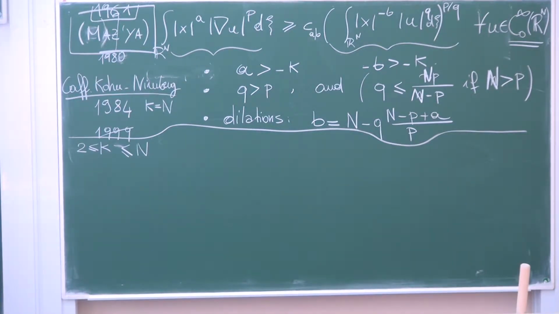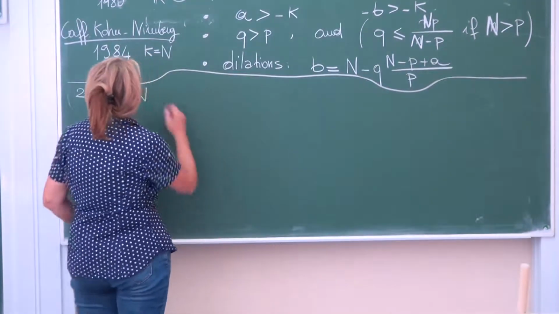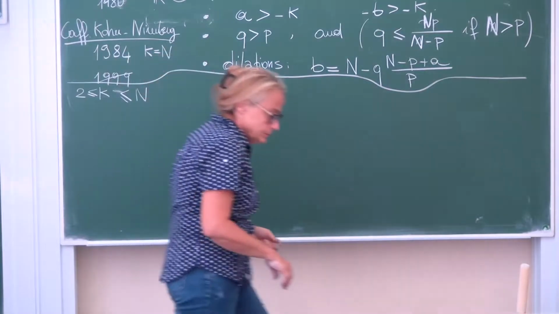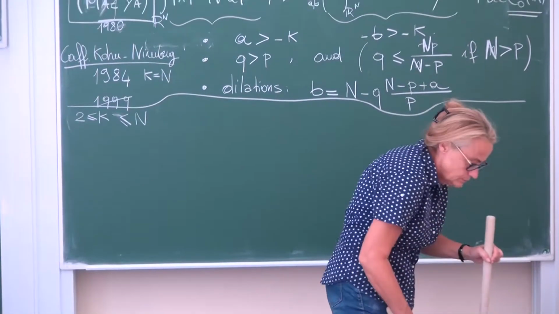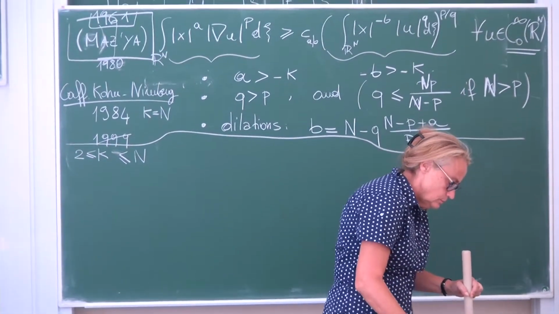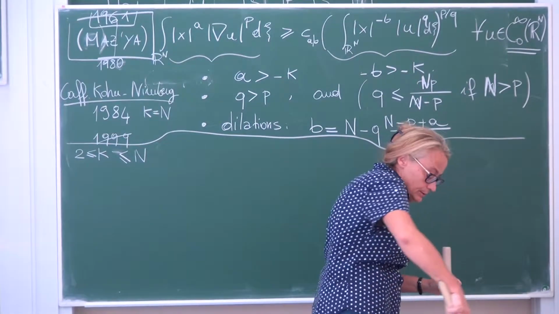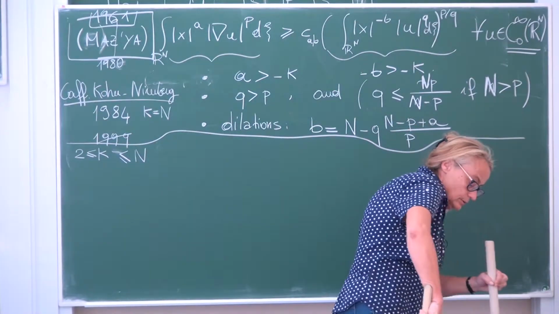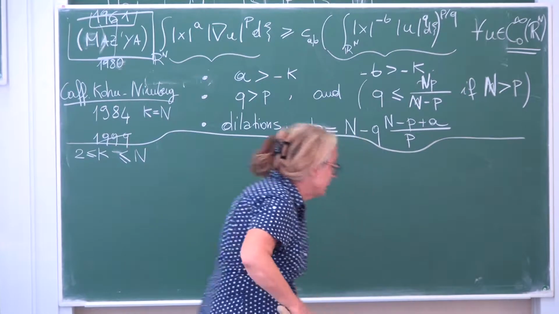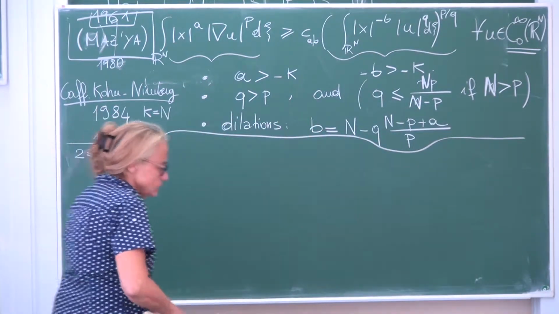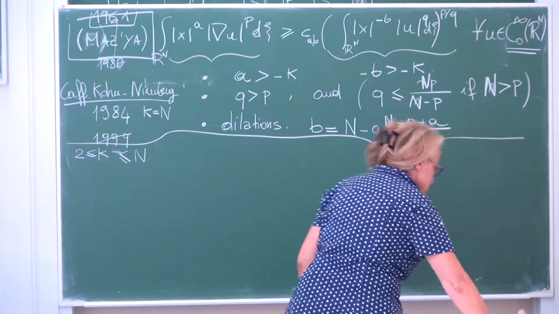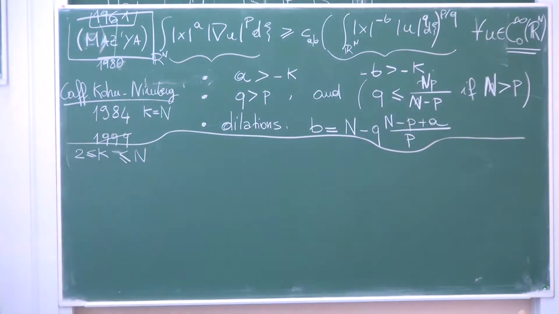Now, what is the theorem? The theorem is that if k is between 1 and, of course, the Maz'ya result is much more general than this. It seems it has this restriction, but it is much more general.